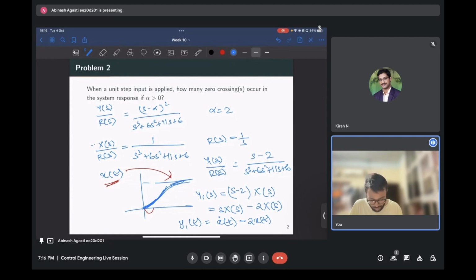But perhaps early on, the increase is not that rapid, so x dot is small. But at that time, x of t seems to be larger than the rate of change. So initially we might get an undershoot, since there is a negative multiplication term. Let's check it with MATLAB.